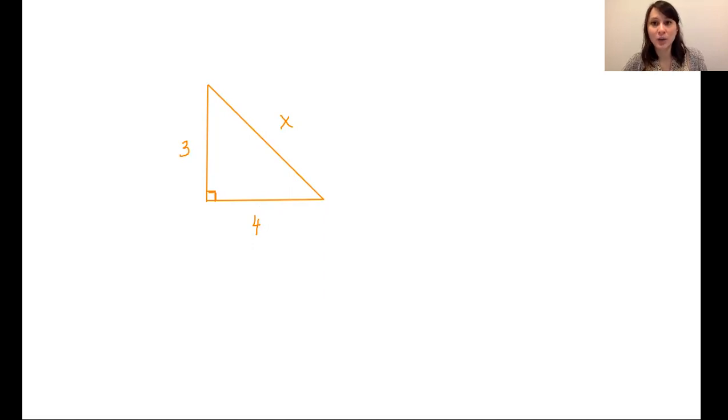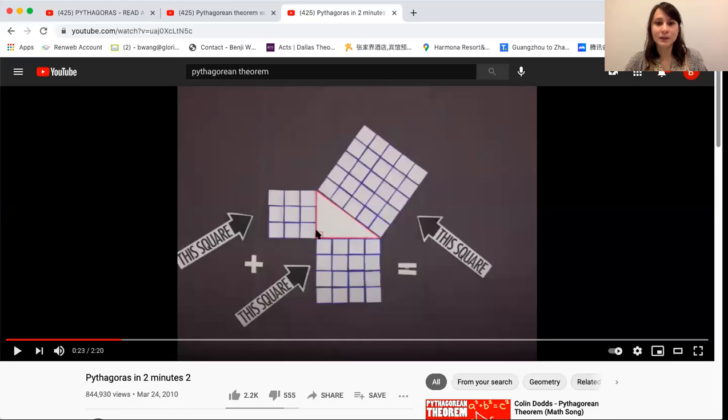I'm sure you've heard that word before, but I'm going to show you just a little picture from a video here that if we are looking at a right triangle, for example, and we squared each side, see how this side is 3 units long and this bottom is 4 units long? Well, if we squared 3, that will be 9 units. So you can see a square is created out of the units here, each box.